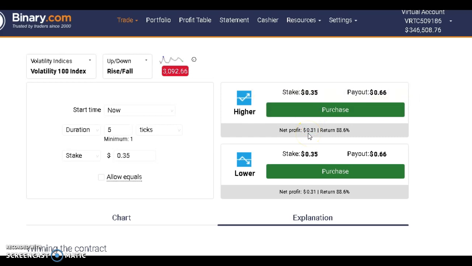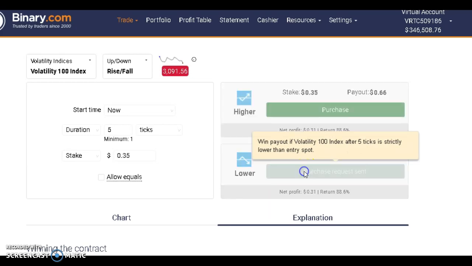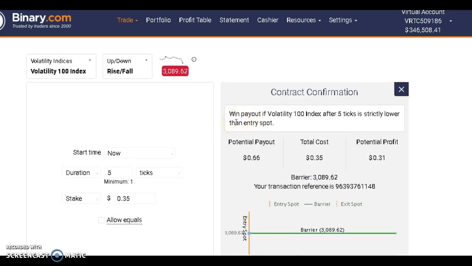You need a good internet connection for this strategy.